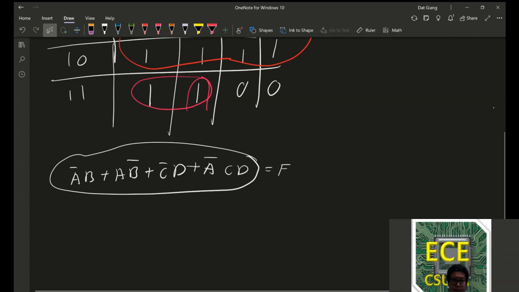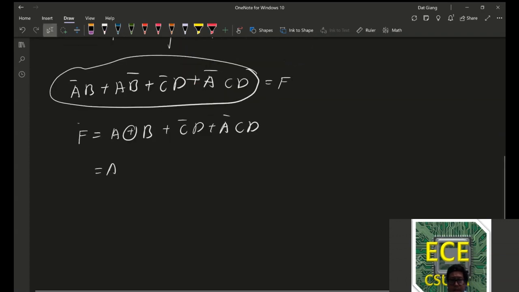Actually, we can simplify this even further as A XOR B plus C bar D plus A bar C D. If we really wanted to simplify this a little more, we can go one step further, factoring out D. Or, sorry, this becomes C A bar plus C bar. And that is our simplification.